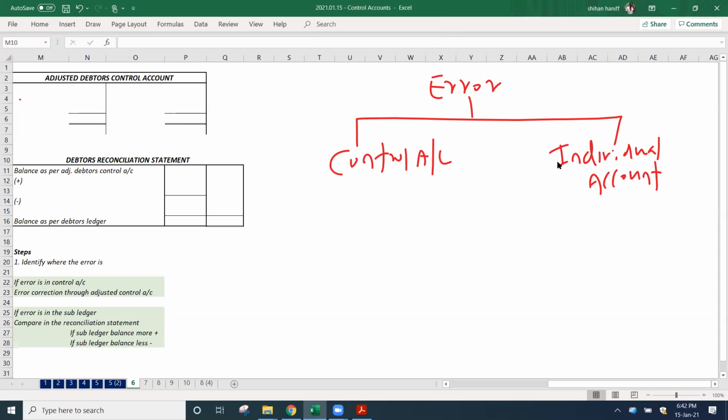Individual account means sub-ledger. Either it could be from the general ledger or from the sub-ledger. If the error is from the control account, we have to prepare the revised control account.